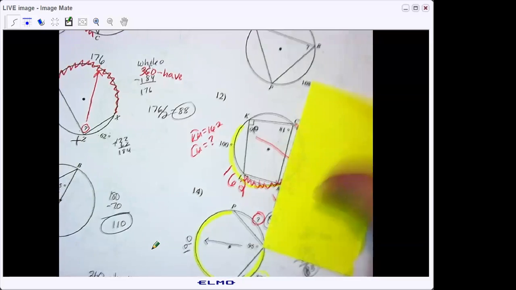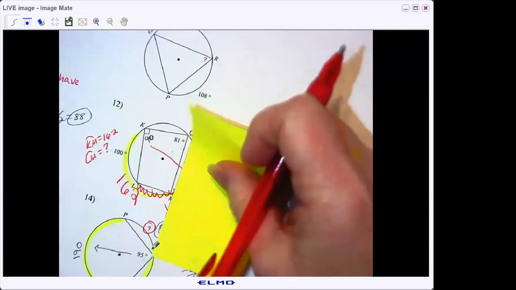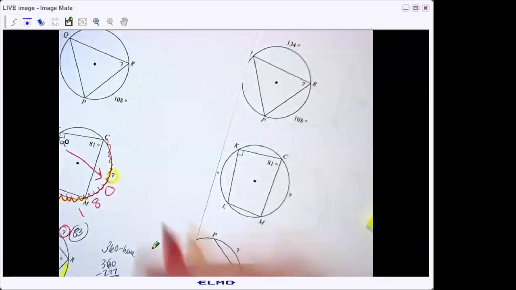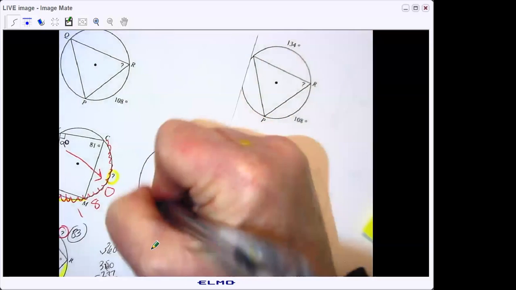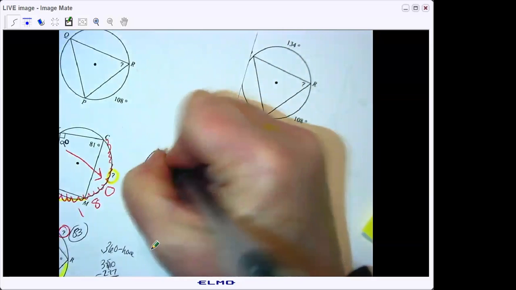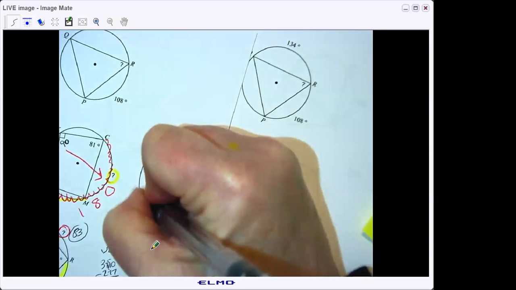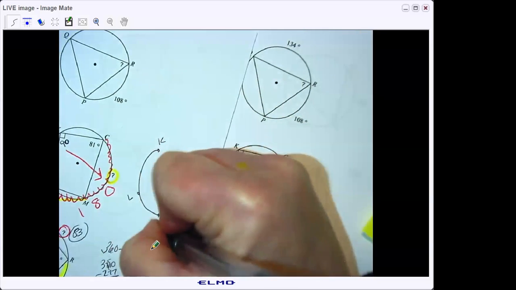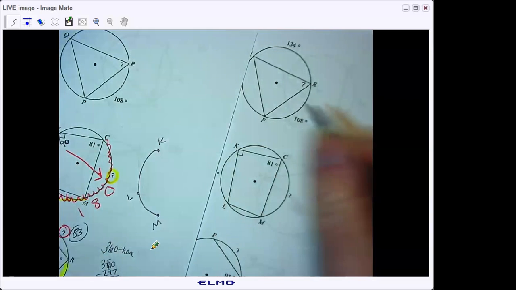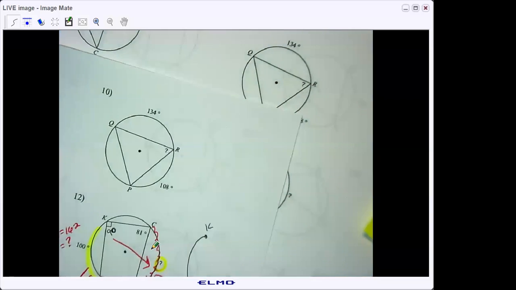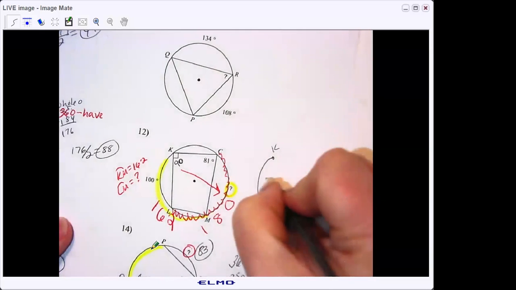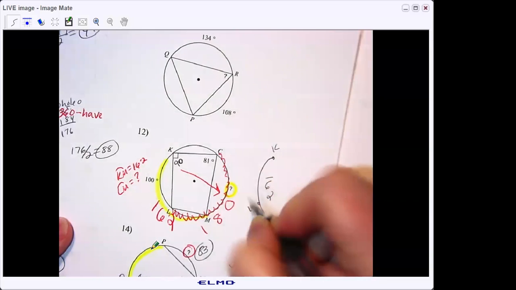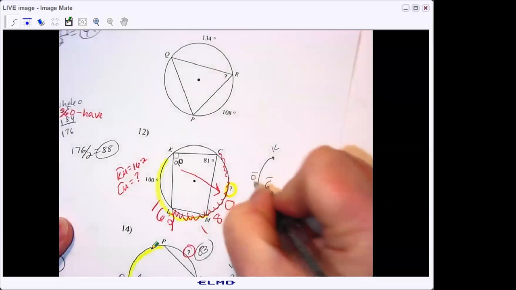Okay, so let me do this. I'm going to kind of move it over a little bit so we can see. I've got this arc on black from K to L to M. The whole thing is 162, but I know that this is 100.